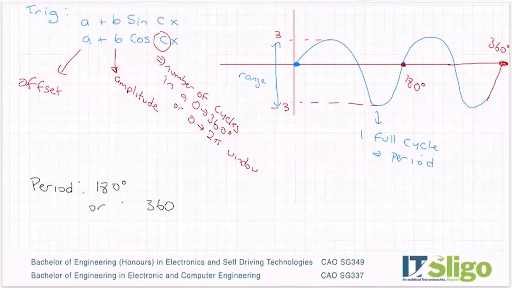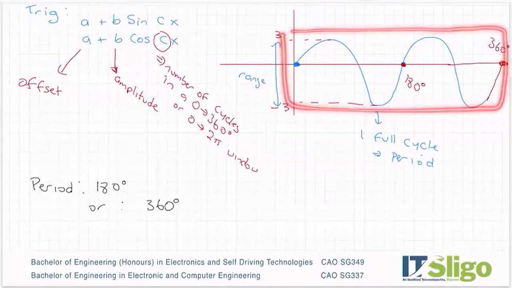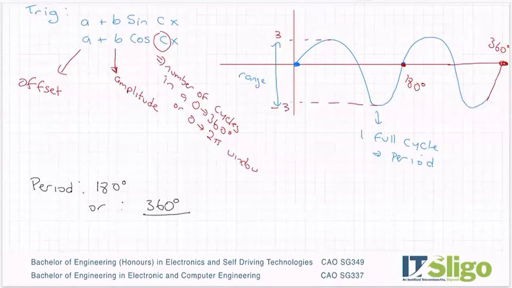It's 360 degrees, that window I talked about, divided by C, which is the number of cycles in a 360 degree window. So you can see then if there were 3 cycles in that window, your period would be 120.